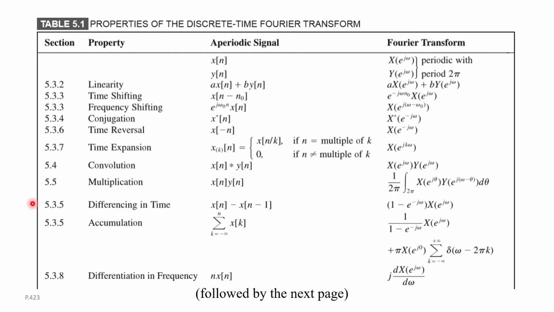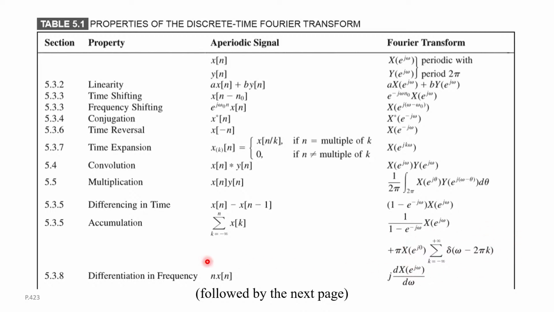And also difference. Difference is once again very easy. It's a linear combination of time shifting, so you just get 1 minus e^(-jω). And accumulation is the reverse of the difference in frequency. But you also get this weird delta function term that you basically just need to remember.